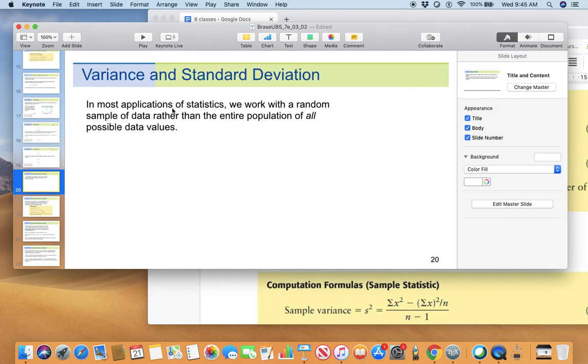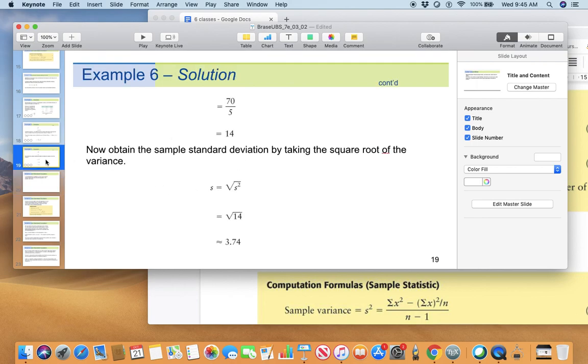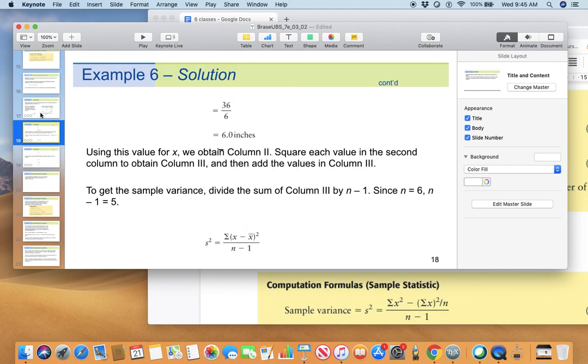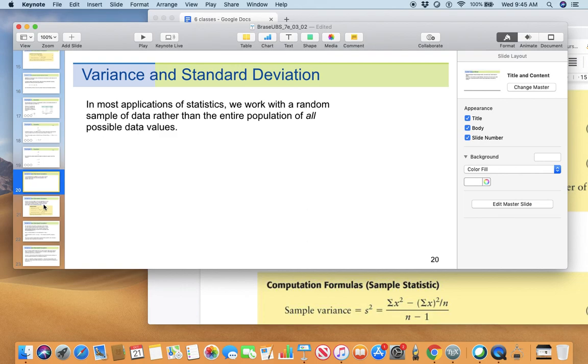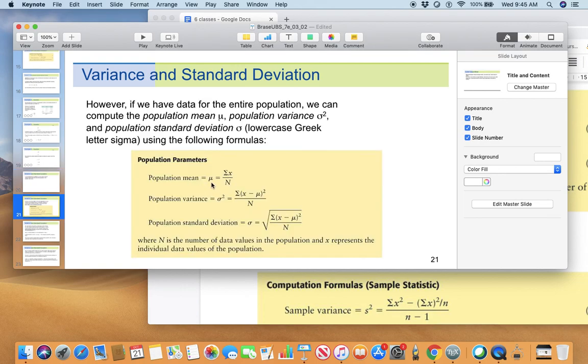Okay. In most application of statistics, we work with a random sample of data rather than the entire population. What happens? So notice all of the formula we looked at had n minus 1 because we are looking at a sample. What happens if you have population? Population mean is denoted by mu. What is that?